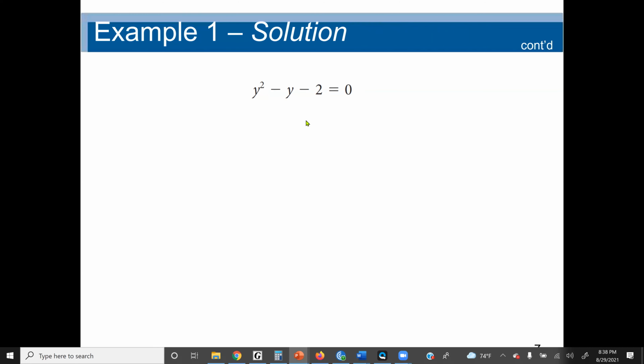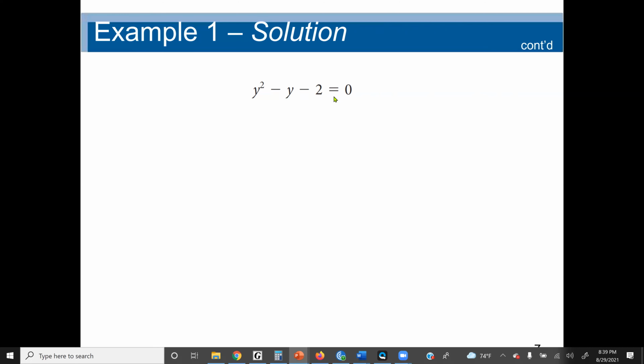Now here we can factorize. Again, we went through basic college algebra, how to factorize a trinomial. So I'm going to look for two numbers that, when I multiply, I'll get -2, and when I combine them together, I'll get -1, because the y coefficient is -1, minus y.